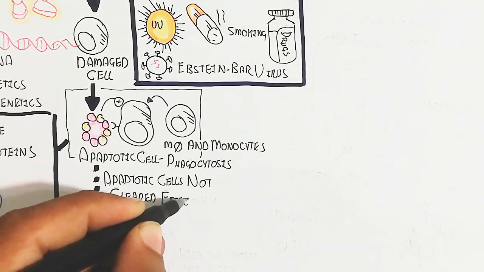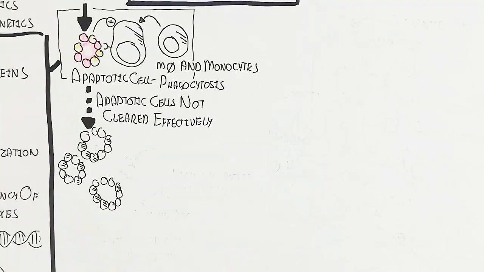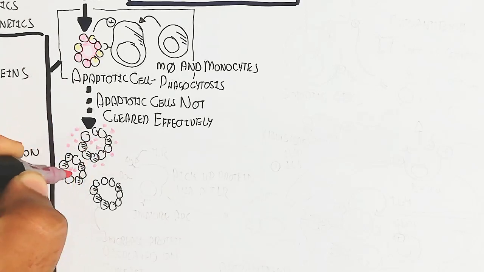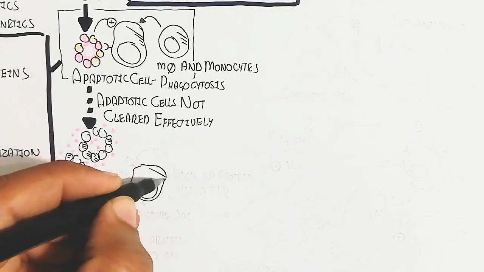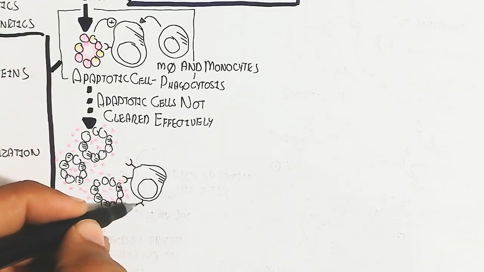In this way, the apoptotic cells are not cleared effectively, due to the genetic factor as well as other factors, and too many cells are damaged and not cleared easily.